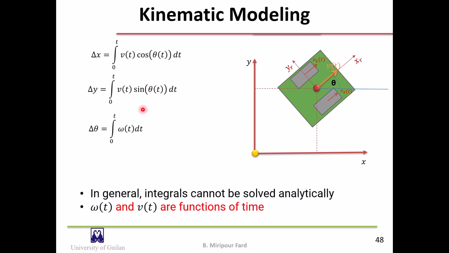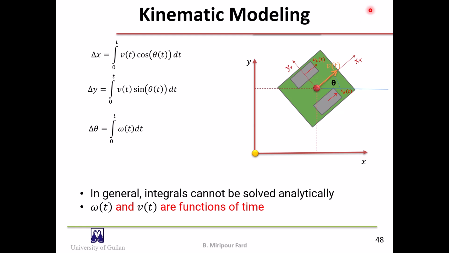We have an inertial reference frame, inertial coordinate system, and a body coordinate system is also attached on the chassis of the robot, which in this case is located on the reference point of the robot, which is between the axles.